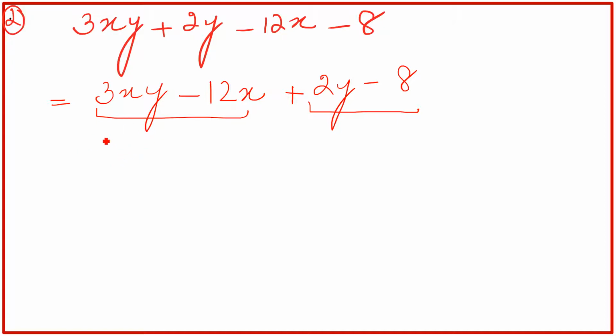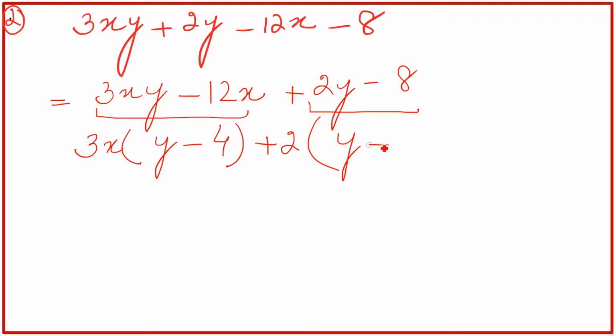From here and here, what can we take as a common? We can take 3x as a common. So y minus 4 is here. Positive 2, see, here it is positive, so it will remain the same, y minus 8.